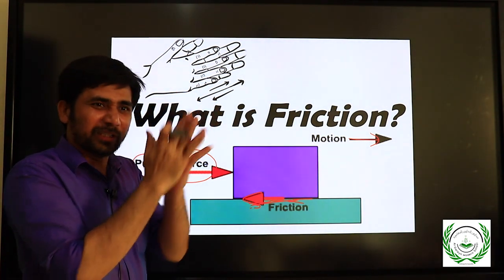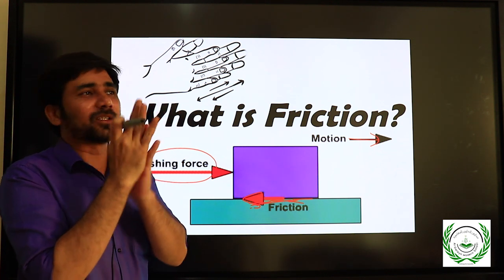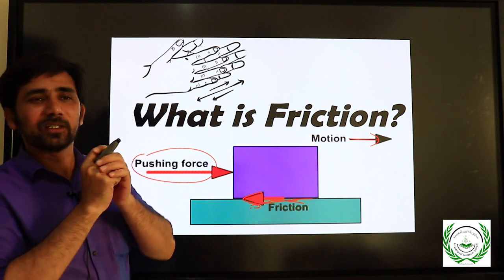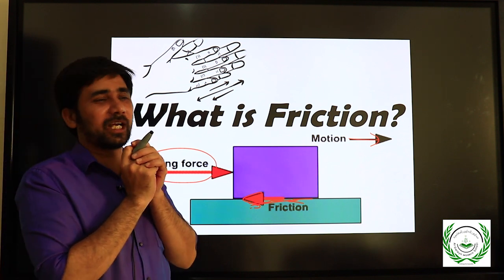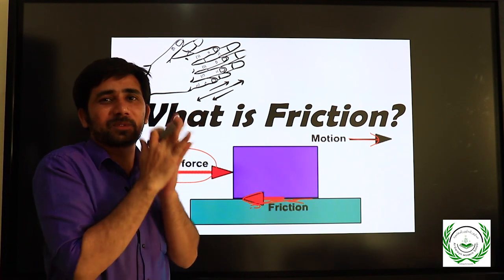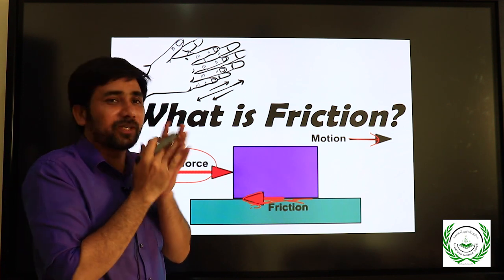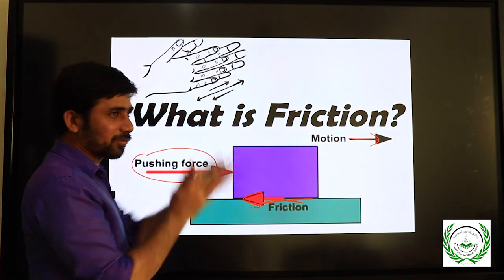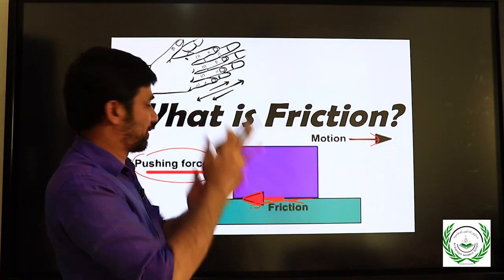If you keep rubbing your palms, you feel some hotness. In cold weather, you rub your palms to make friction so that you get warm. So friction is an opposing motion.